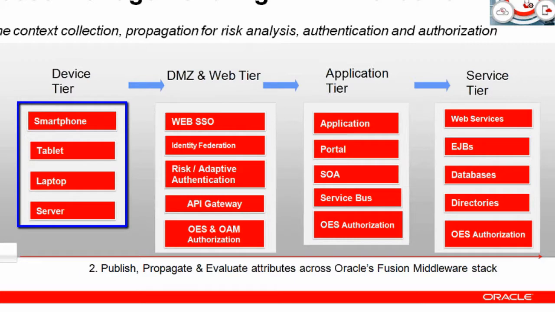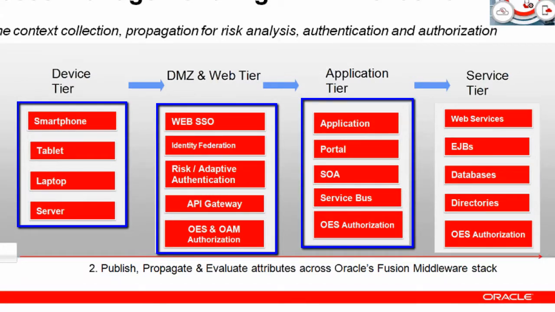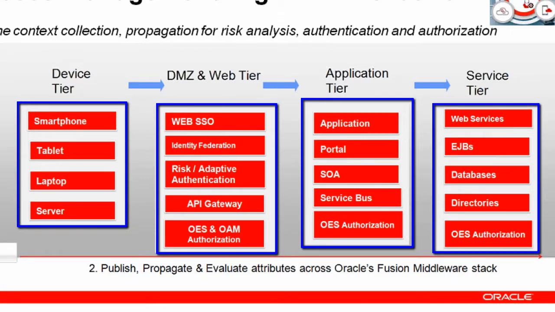We're going to look at where the user is coming from, whether he's using VPN or not, and so forth. And the goal here is to gather that information as and when the user goes through the mobile and social server, access manager, adaptive access manager, or you might have an entitlement server protecting different applications. This identity context information that we gather in different tiers gets propagated downstream, so that the goal here is to then act accordingly based upon the information that we have gathered.